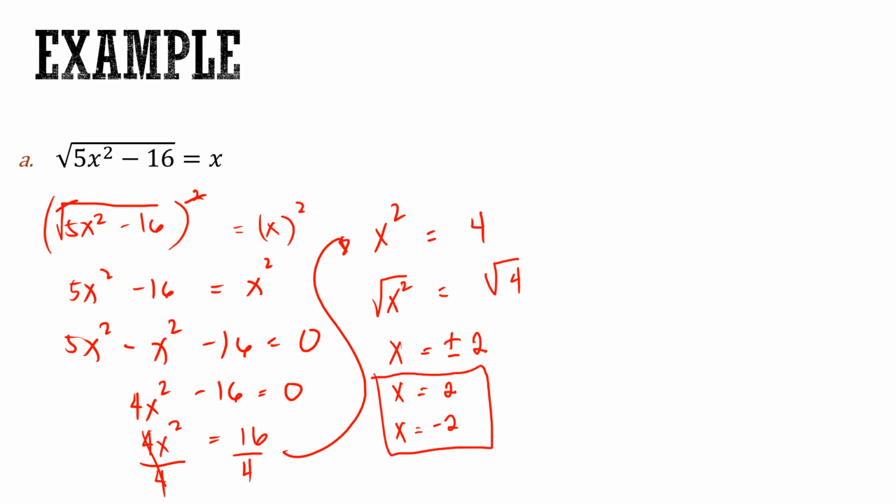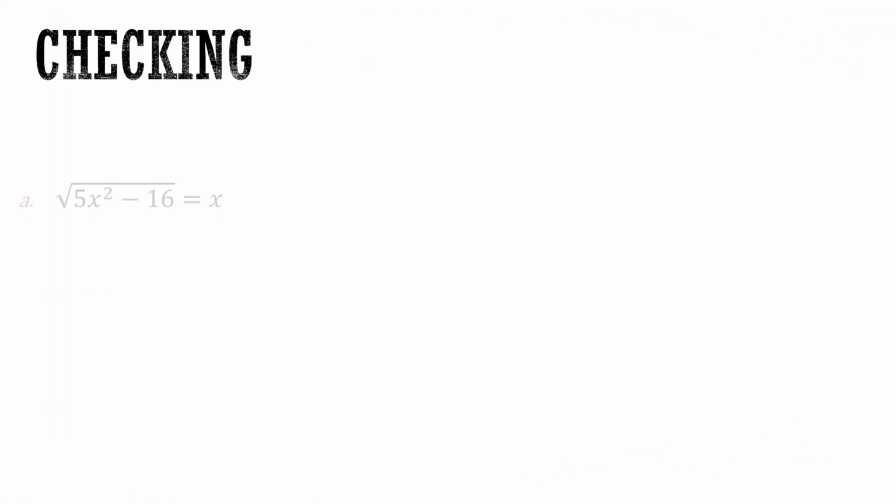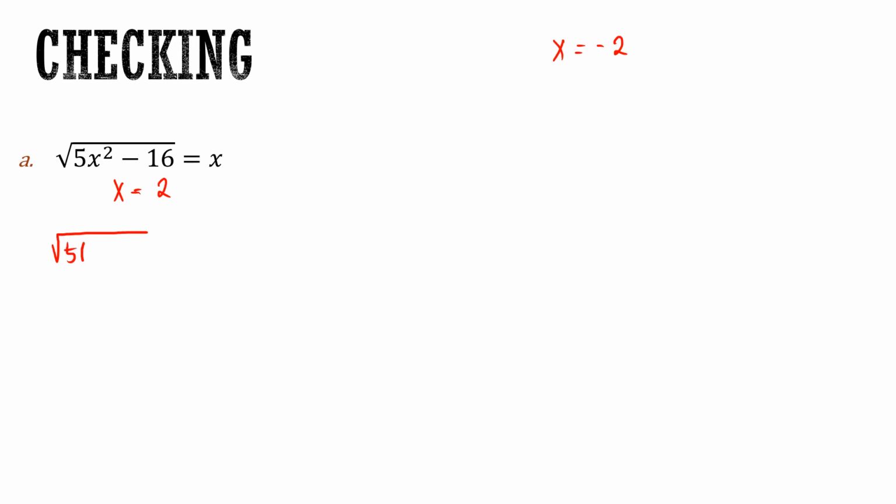So now let's check. Square root of 5x squared minus 16 is equal to x. The two values that we have are x equals 2 and x equals negative 2. So let's substitute x by 2. We can now write this as the square root of 5 times 2 squared minus 16 is equal to positive 2.